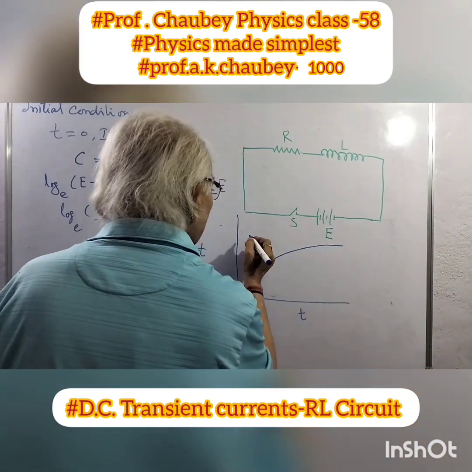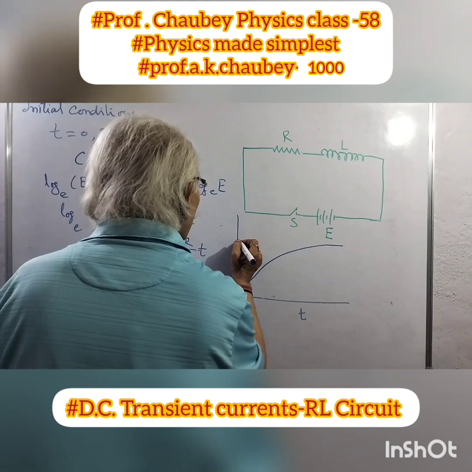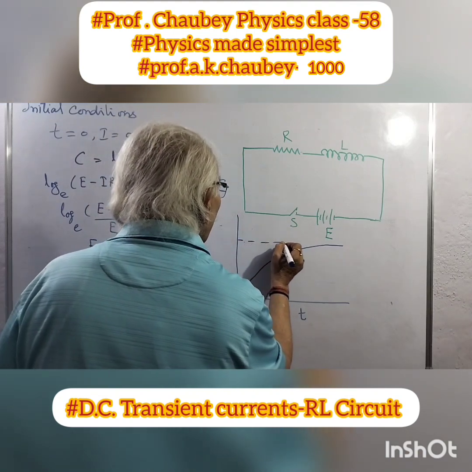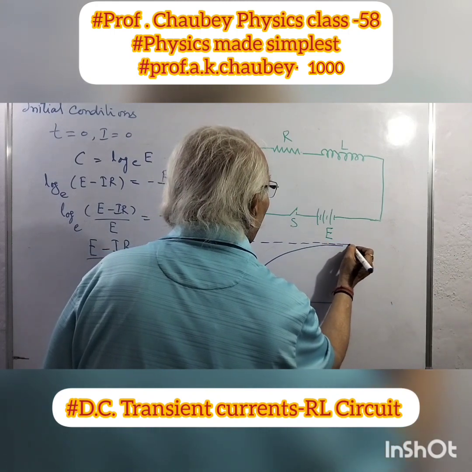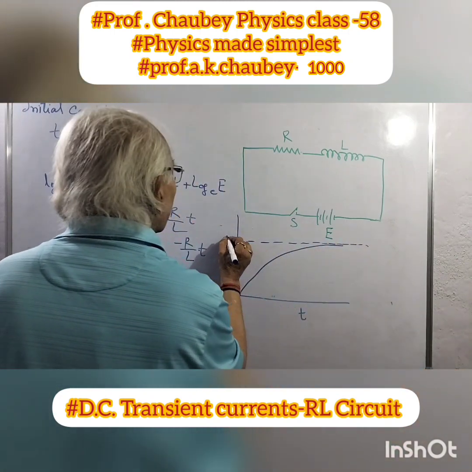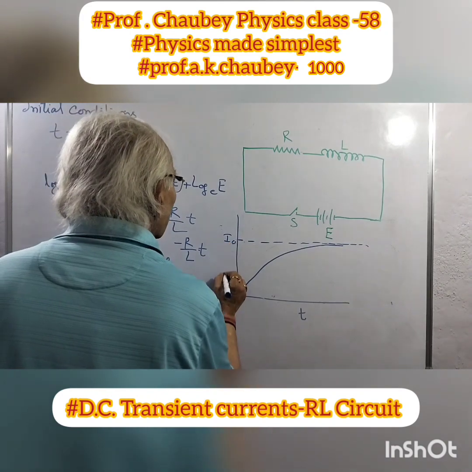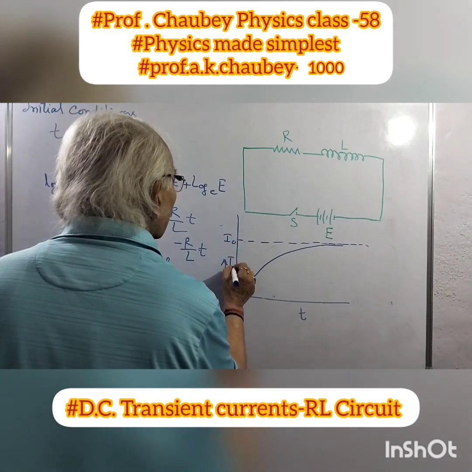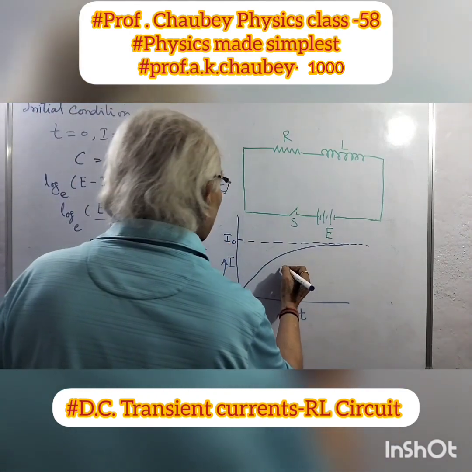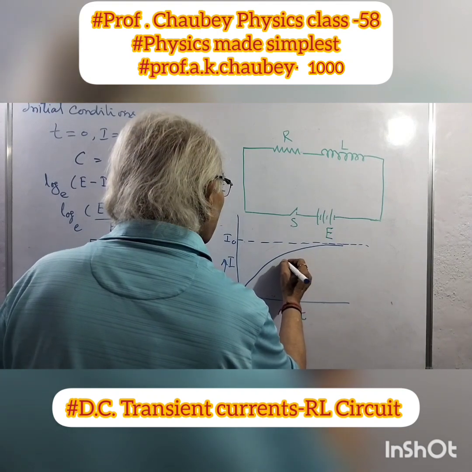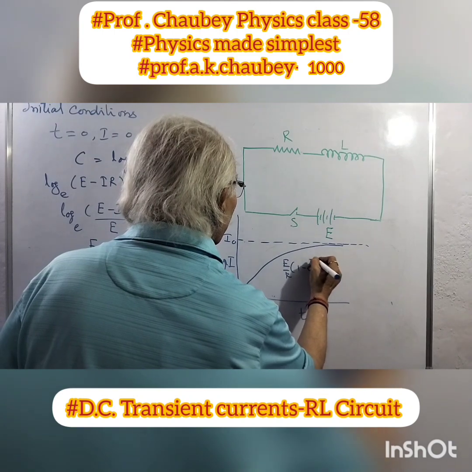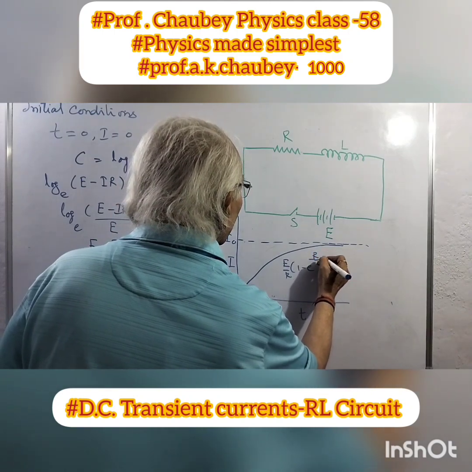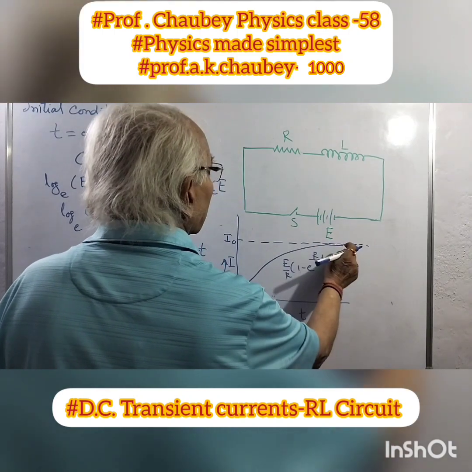So this was the maximum current I naught here. This is i, this is t. This represents i equal to E over R, 1 minus e to the power minus R by L into t, this equation.